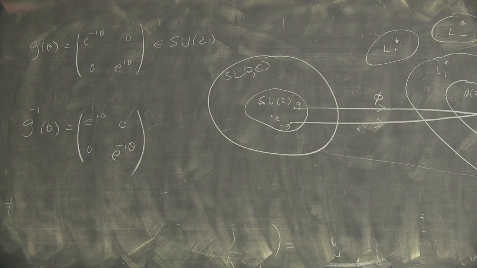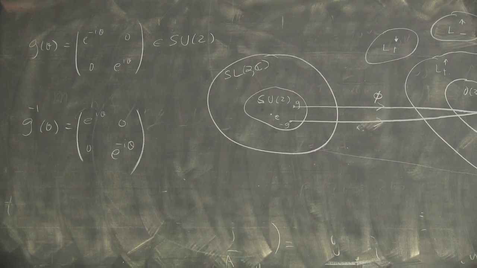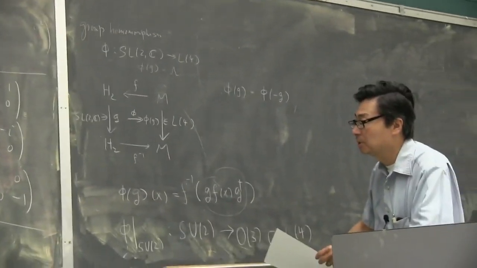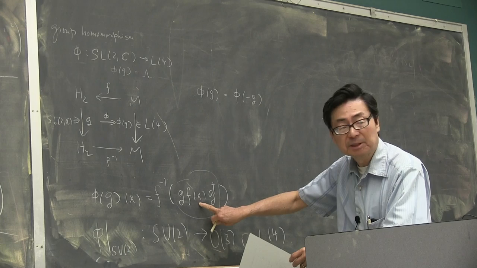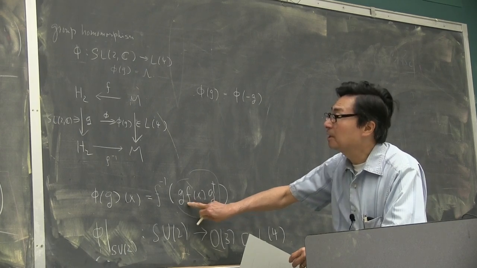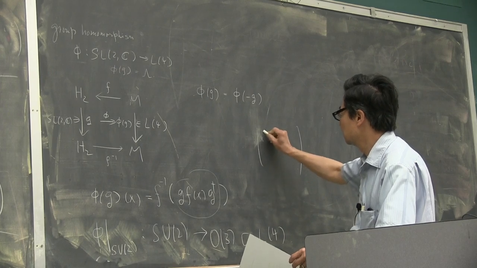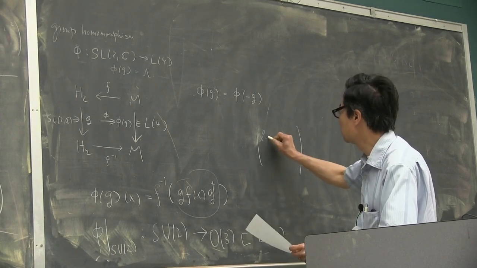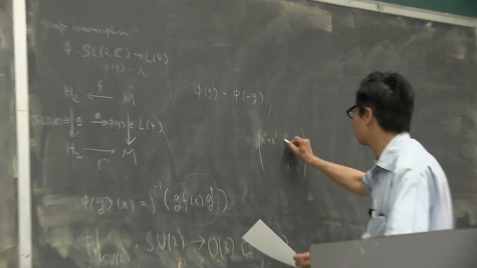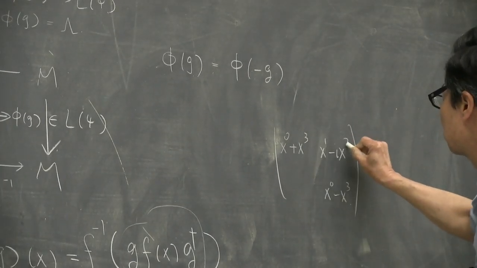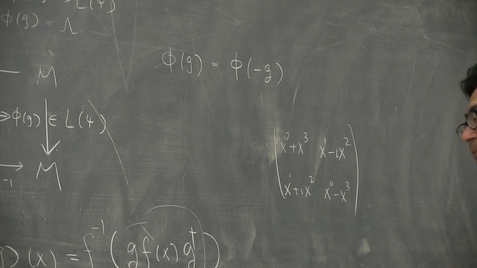To discover what kind of Lorentz transformation it is, we take any Minkowski vector and use F to act on that. So we get this matrix in here: x0 plus x3, x0 minus x3, x1 minus ix2, x1 plus ix2.